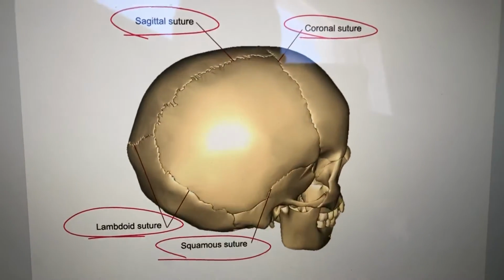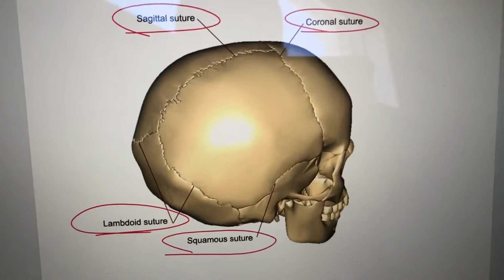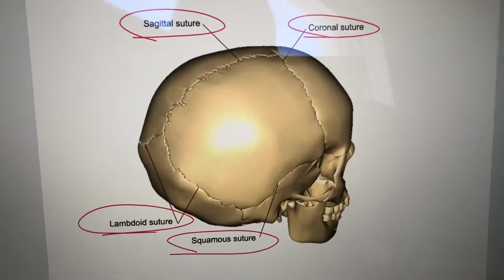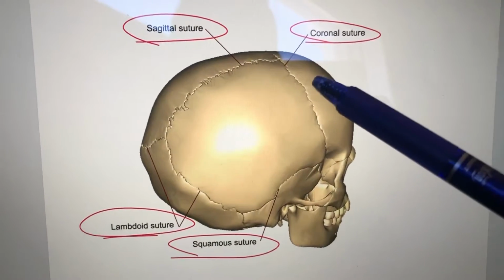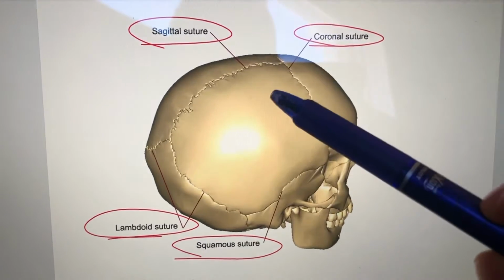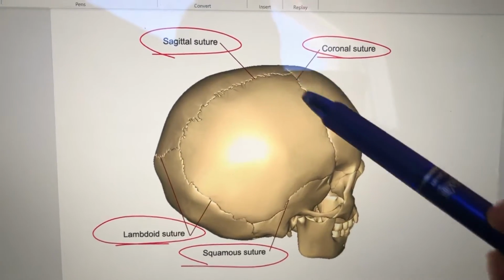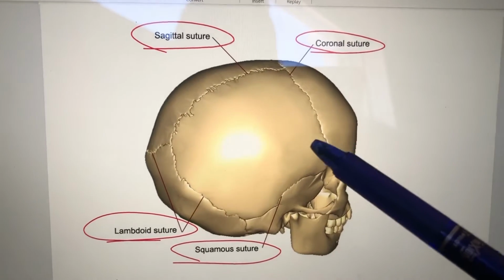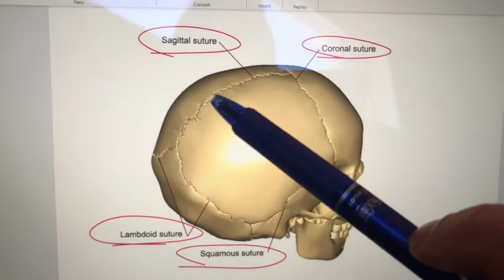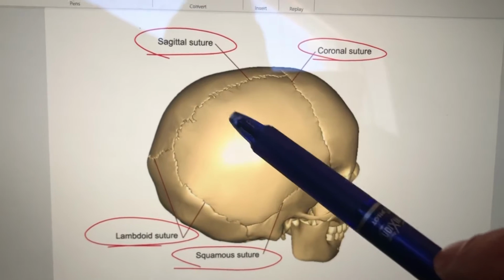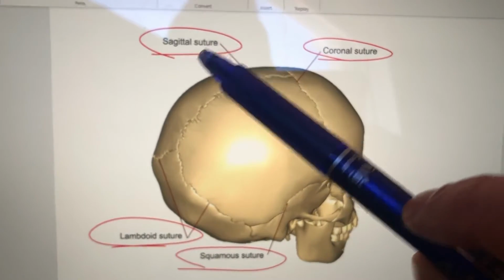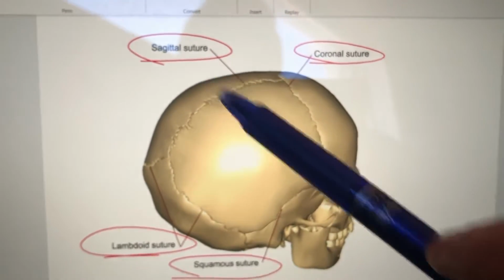So this is showing the sutures on the skull. At the front of the skull, separating the frontal bone from the parietal bone is the coronal suture. So that's running right along here at the front of the skull. Now in the middle of the skull, separating the two parietal bones is the sagittal suture.